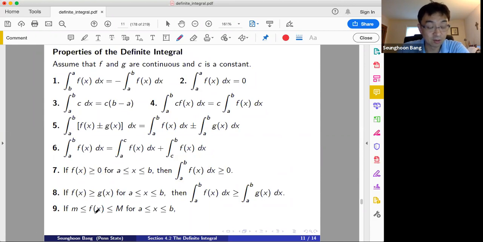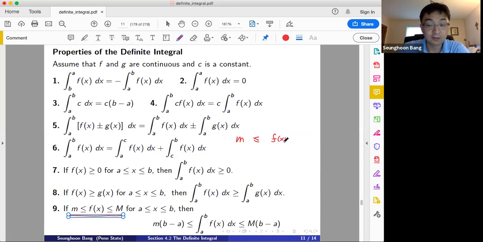So this one, what's that? We have this result. How can you know that? This inequality, we just use this one: m, f of x, and capital M. You can take the integral of each side and the inequality doesn't change. The middle one is this one.